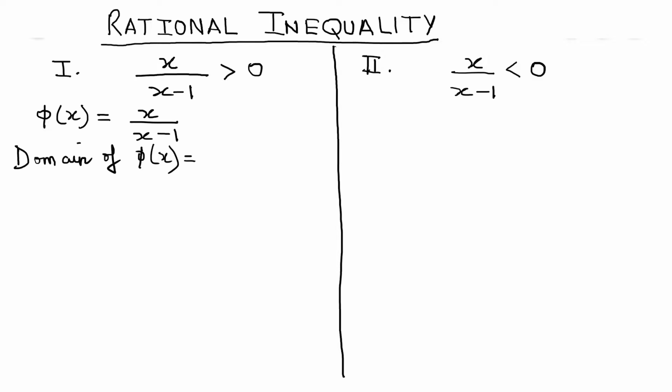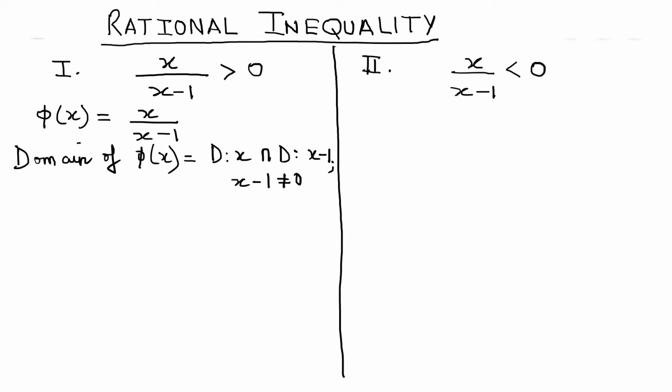It is the domain of x intersection with the domain of x minus 1, and in addition to this, x minus 1 should not be equal to 0.